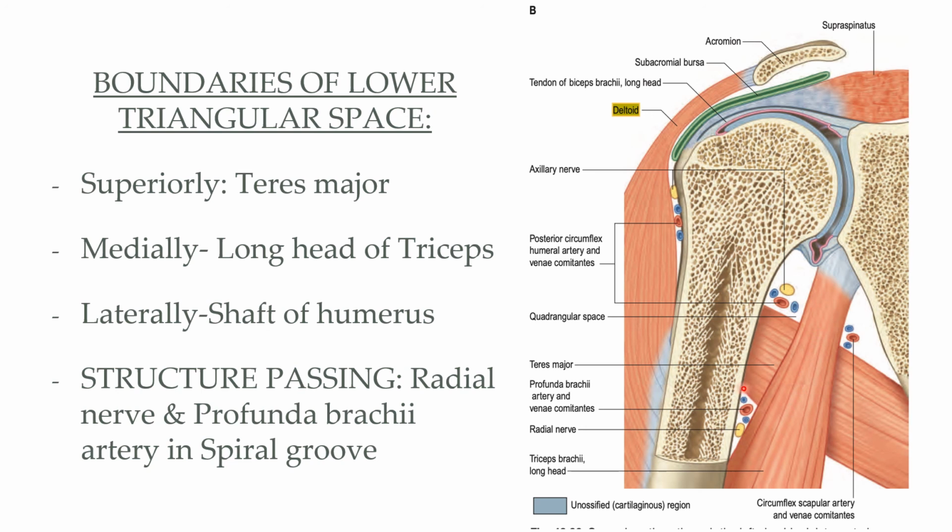The structures which pass through this lower triangular space are those structures which then enter into the spiral groove. So before entering into the spiral groove, these structures have to cross the lower triangular space. So the structures are radial nerve, this yellow color structure is a radial nerve, profunda brachii artery, along with the venae comitantes.